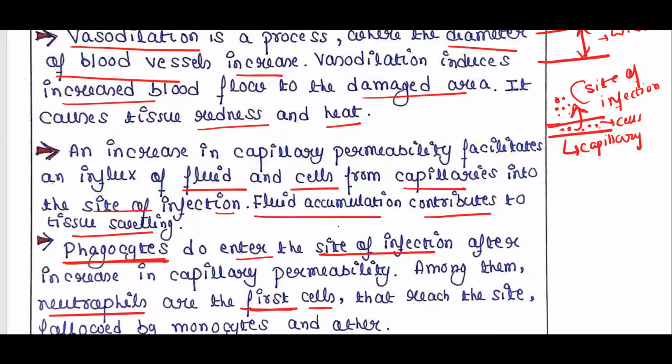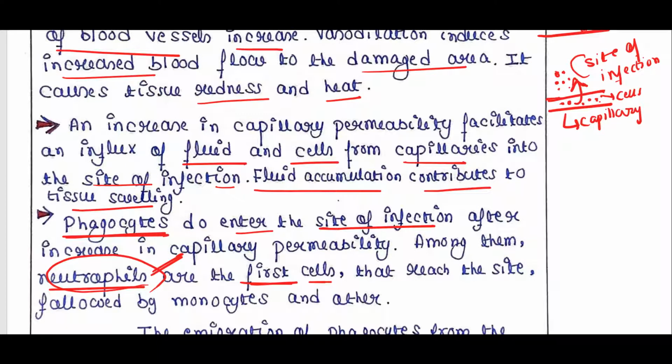Please try to remember this, because many times a question can come like which cell is the first cell that reaches the site of infection. Neutrophil is the first cell that reaches the site of infection, then second is the monocyte, and then other phagocytic cells will also reach the site of infection.